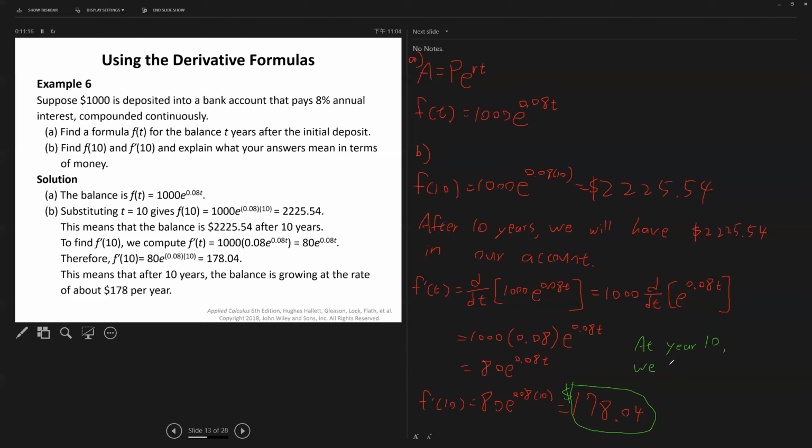We will earn 178.04 at that exact point, right? At year 10, the amount of money is growing at the rate of about $178 per year, right, which is what's being said right here. Okay.